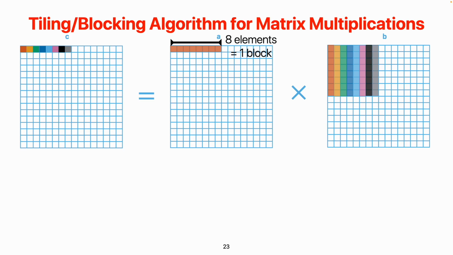As long as this partition fits in my cache capacity, as long as this partition plus the same size of the partition and this partition fits in my capacity, we are not going to see capacity misses when we run this. Do you agree with that?